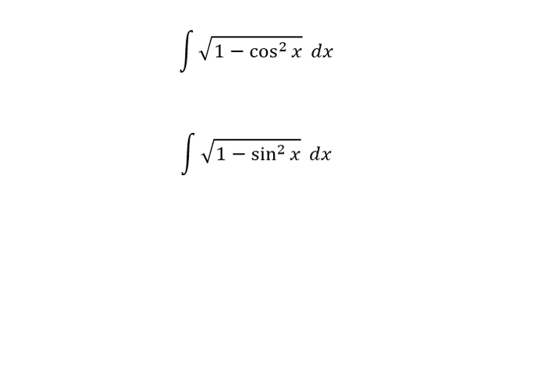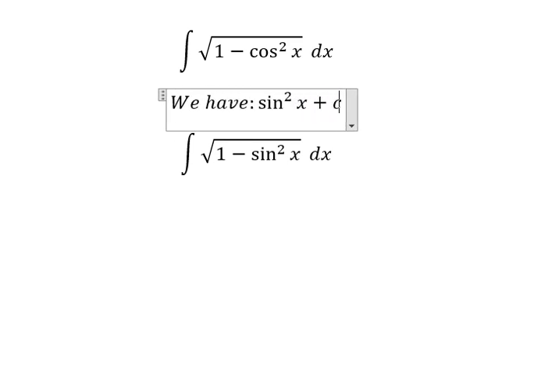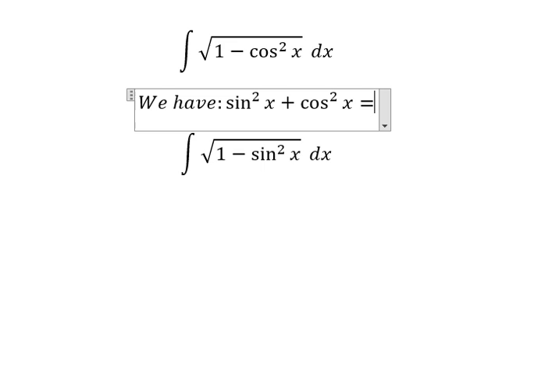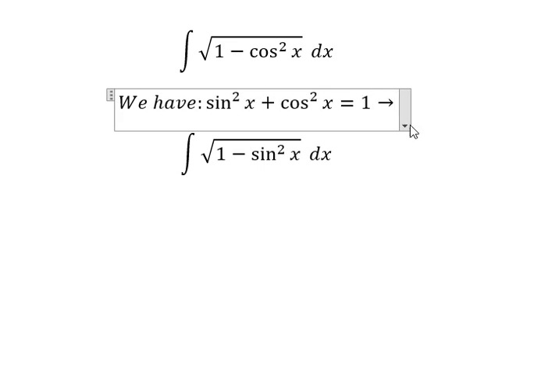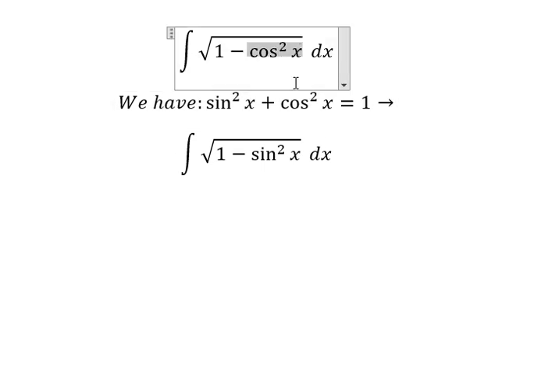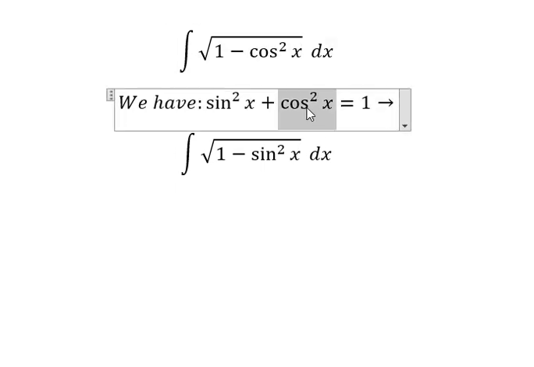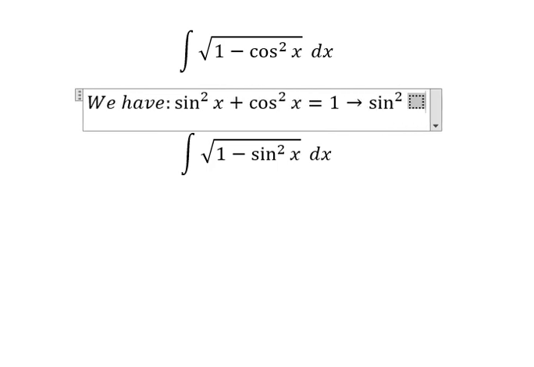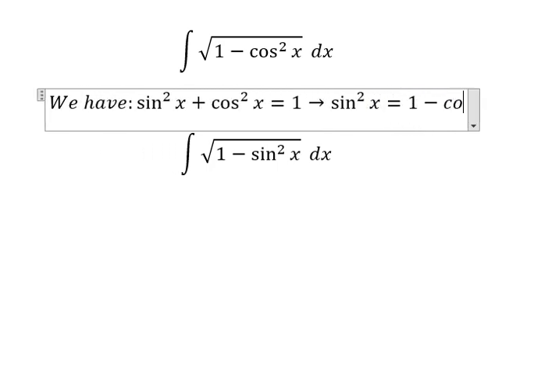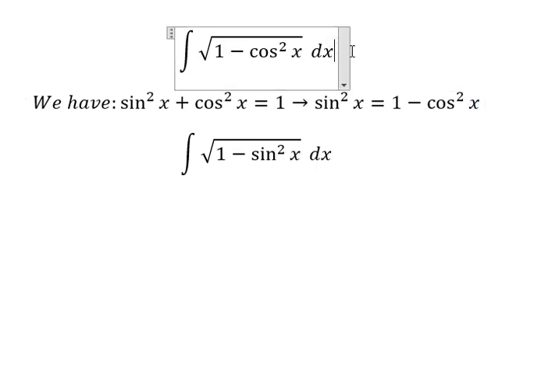We have the formula in here: sin² s plus cos² s equals 1. So we have cos² s. Now I will put this one go to the right, and we have 1 minus cos² s.